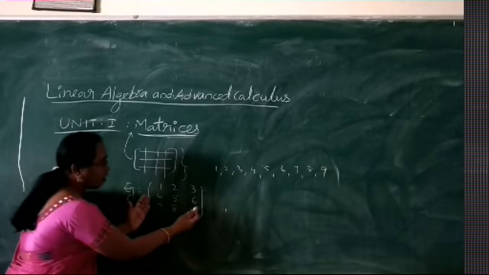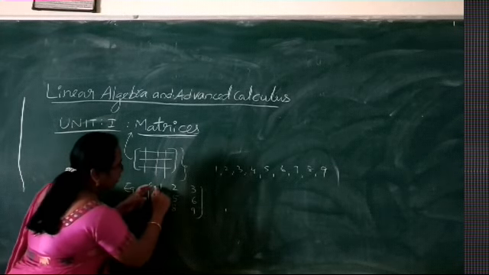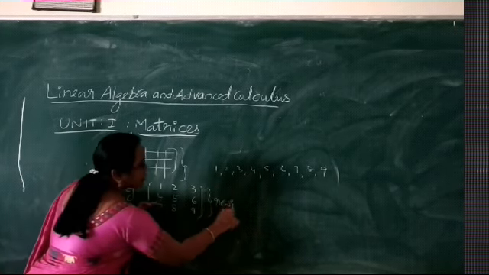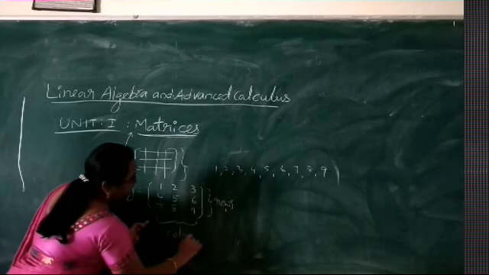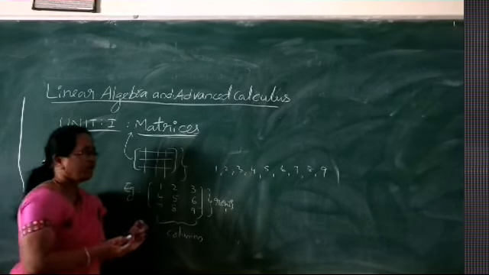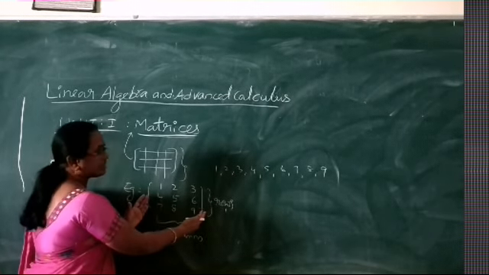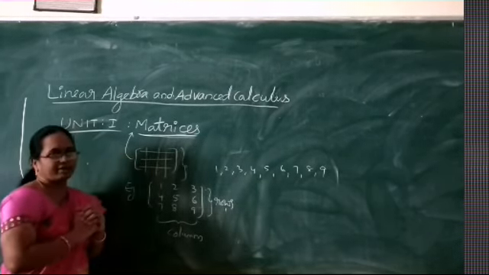Now look at the horizontal and vertical lines in the arrangement we have shown here. We have 3 horizontal lines, they are called the rows. We have 3 vertical lines, they are called the columns, right? So when a system of numbers is arranged within brackets along rows and columns, we call it a matrix.